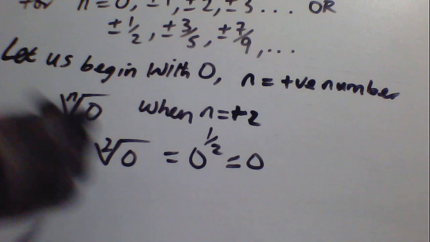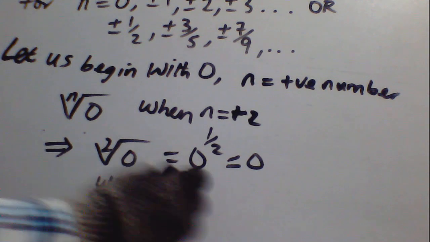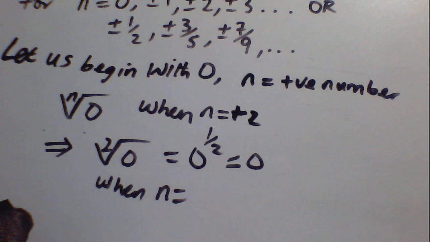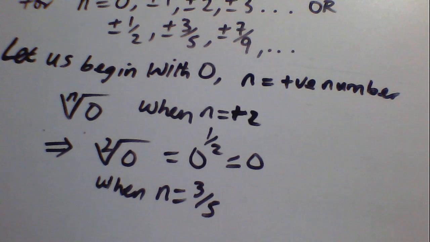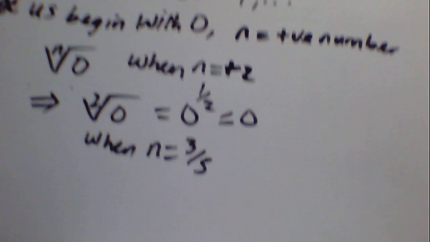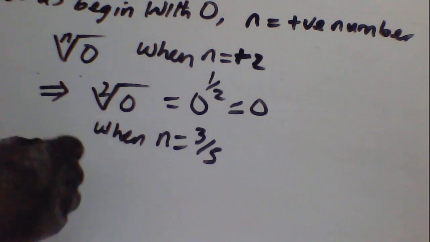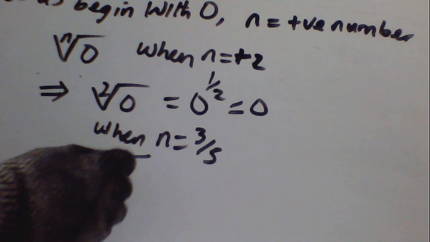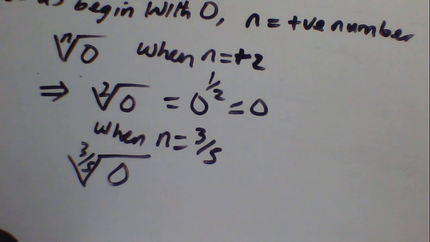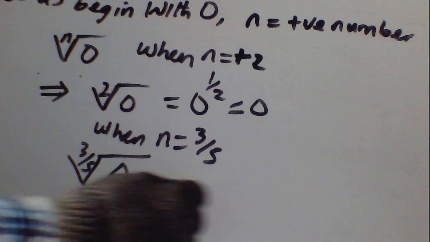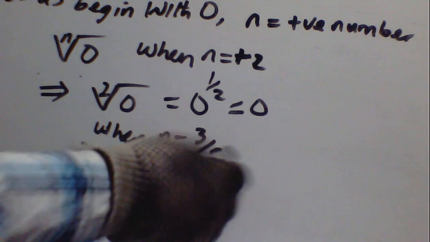But what if n is equal to 3 over 5? What will happen? In this case, you have 0 raised to the power 1 over 3 over 5.